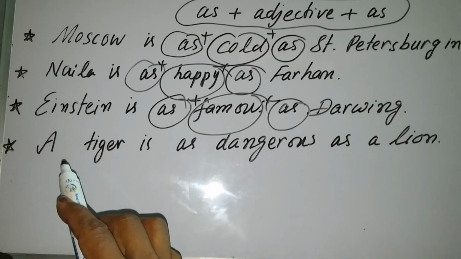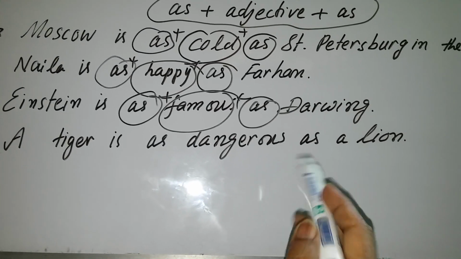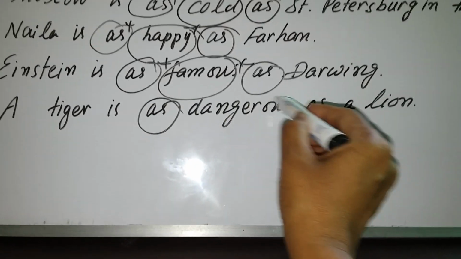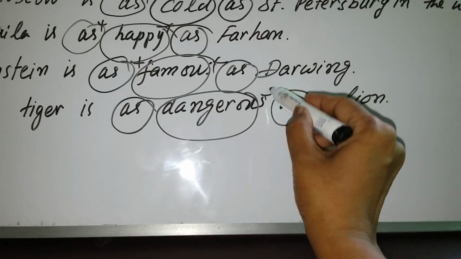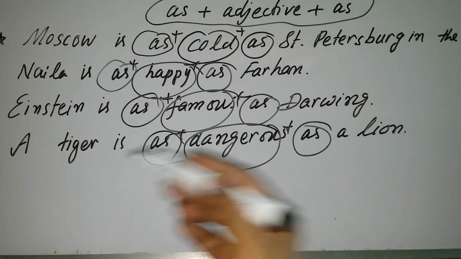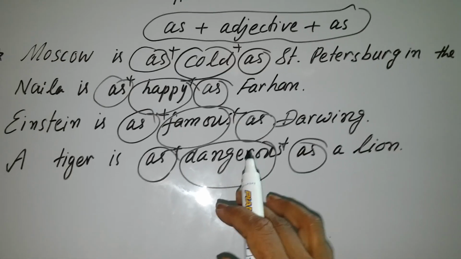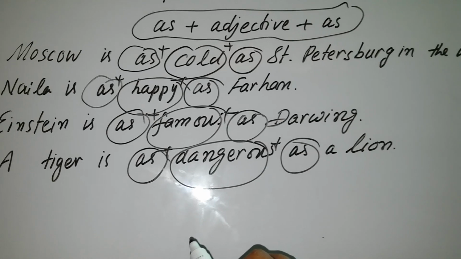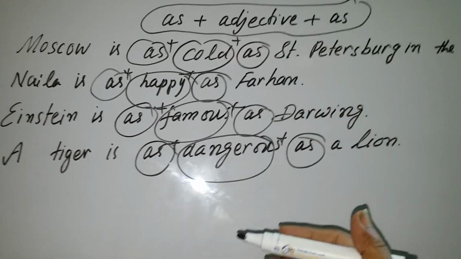The last example: a tiger is as dangerous as a lion. As plus adjective plus as. It means there is no difference between lion and tiger. They are both dangerous. So in this way you can also make comparison.